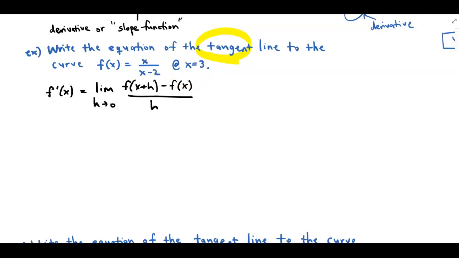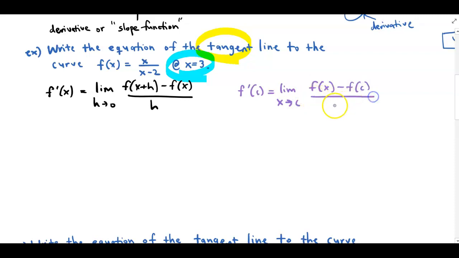Sorry, let me get a highlighter. Since you know your particular x value, you have another tool you could use, and that's this other formula, the alternate derivative formula, to find the derivative.